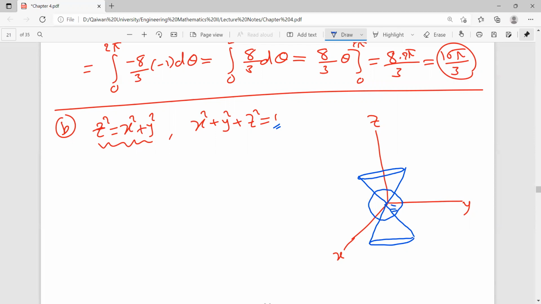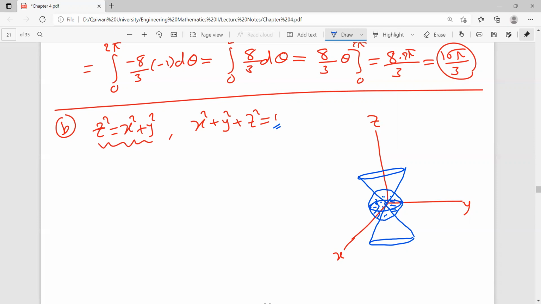That means here, this and this. Here also we have solid, because it's a sphere, and inside the sphere we have a cone. This is the graph. Here we have this also.